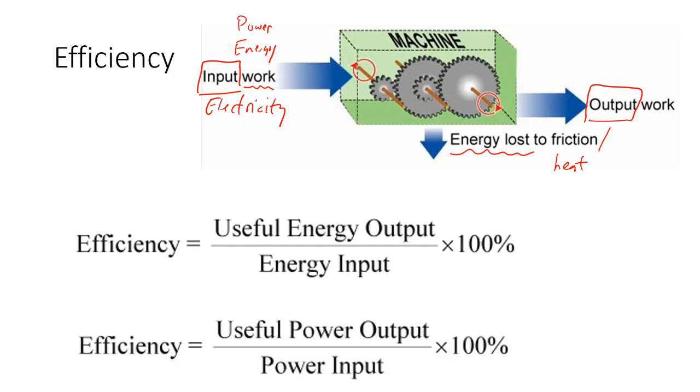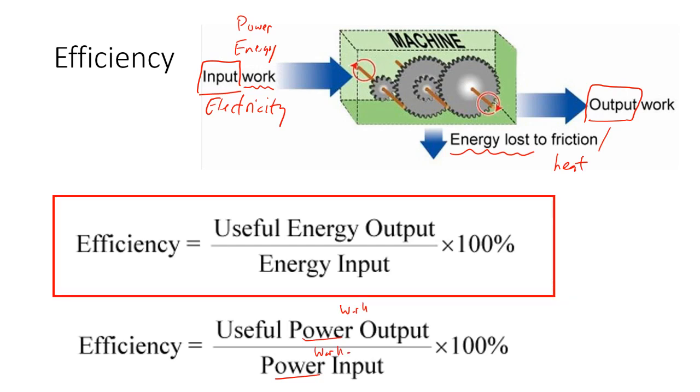This word can be work, energy, or power. This is the formula that you will find on your formula sheet. It's really a number that's stated as a percent, and it's just a comparison of how much energy you get out as it compares to how much energy goes into a machine.